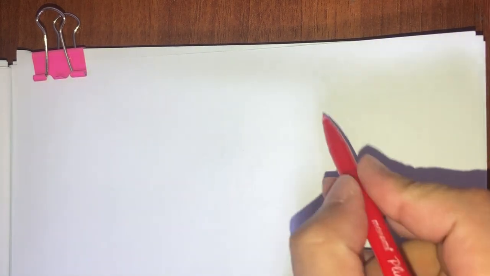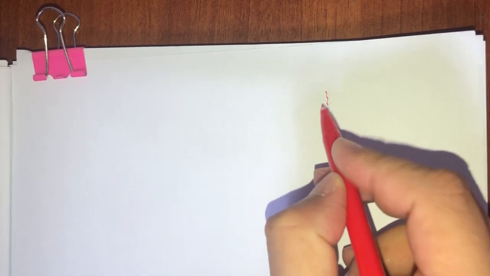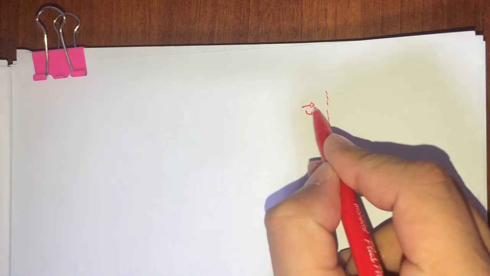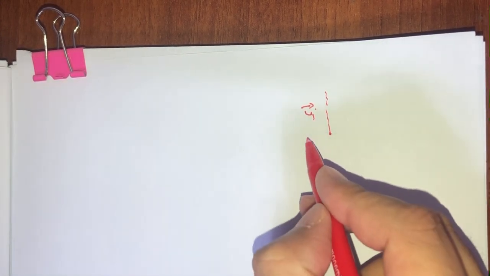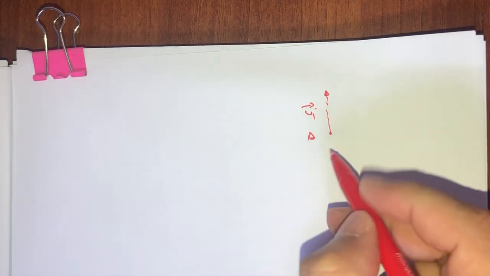It says that there are two vehicles, both are moving in opposite direction. So let us say one vehicle is moving in this direction. Let us call its velocity v1 and this point as A, and it is moving in this direction.